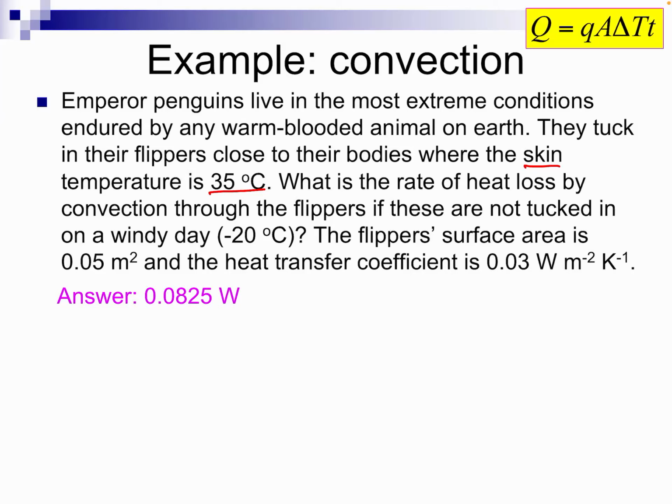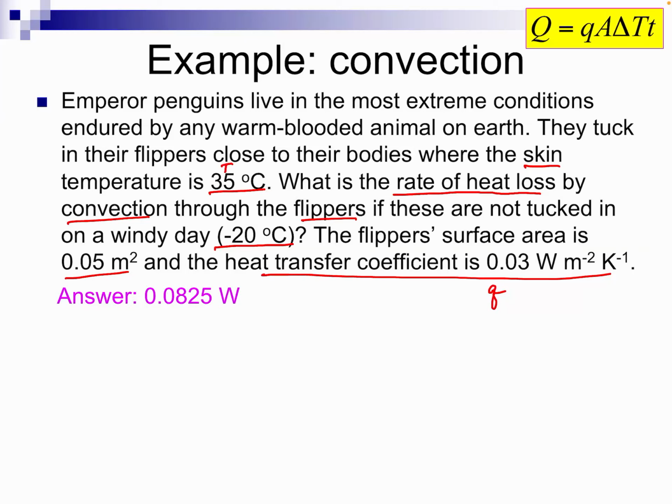So what we want to calculate is the rate of heat loss by convection through the flippers if they are not tucked in, on a windy day such that the temperature is negative 20 degrees Celsius. The flipper surface area is 0.05 meters squared, and the heat transfer coefficient is given here. So that's h. h is given.